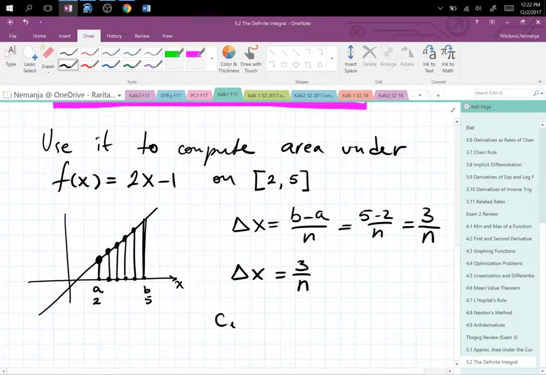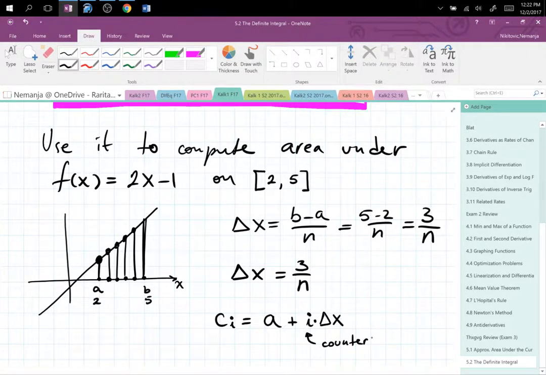Well, this CI business is, should I say obviously, if you look at the picture, a plus I times delta x. I is the counter. So, what does this mean? Well, when everything starts, it starts with I being equal to 0.